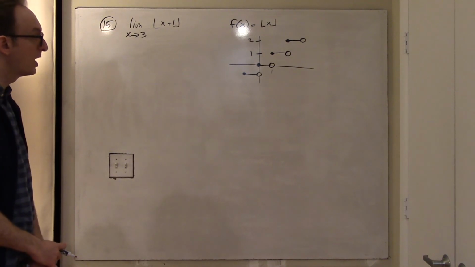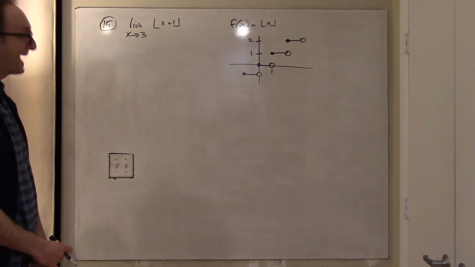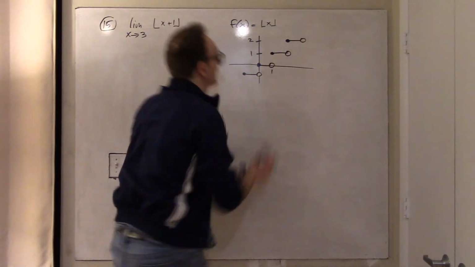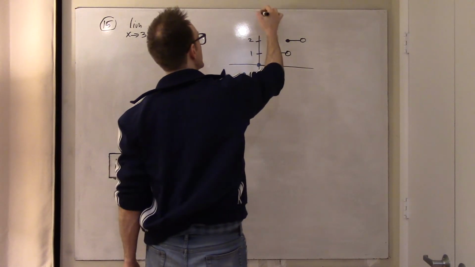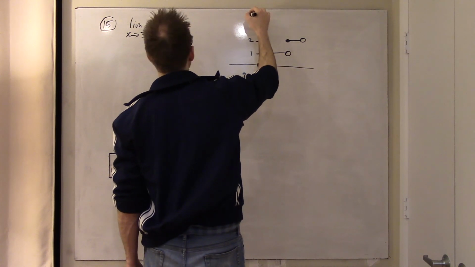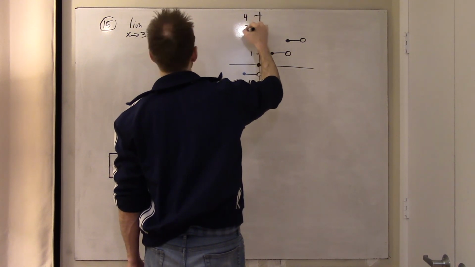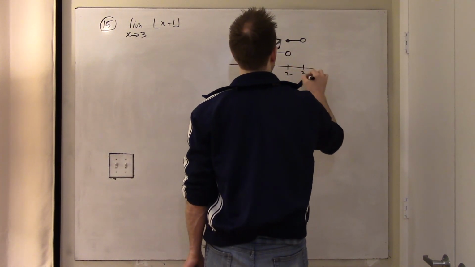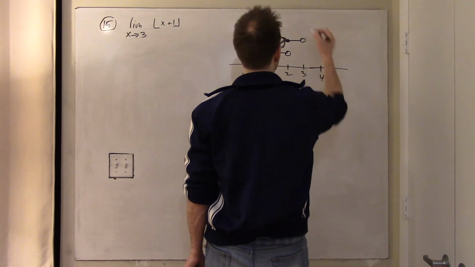Okay, I guess the thing to realize here, perhaps I just want to only graph this once, so let me just finish this graph, because this is 4, 3, and that's 2, 3, 4.